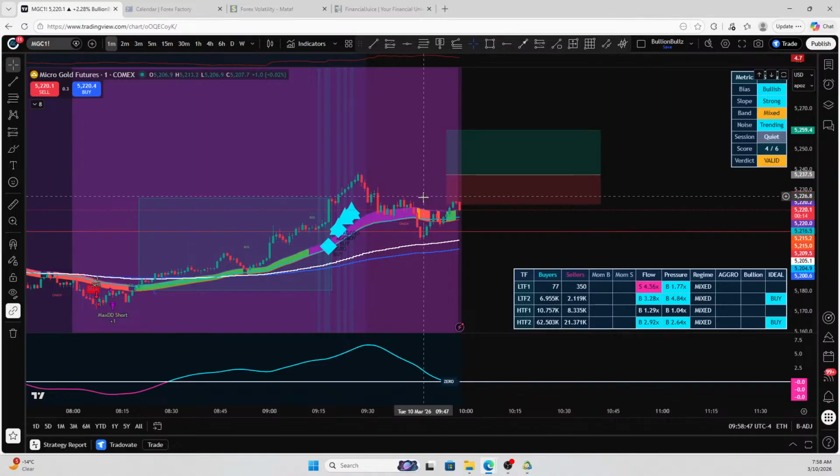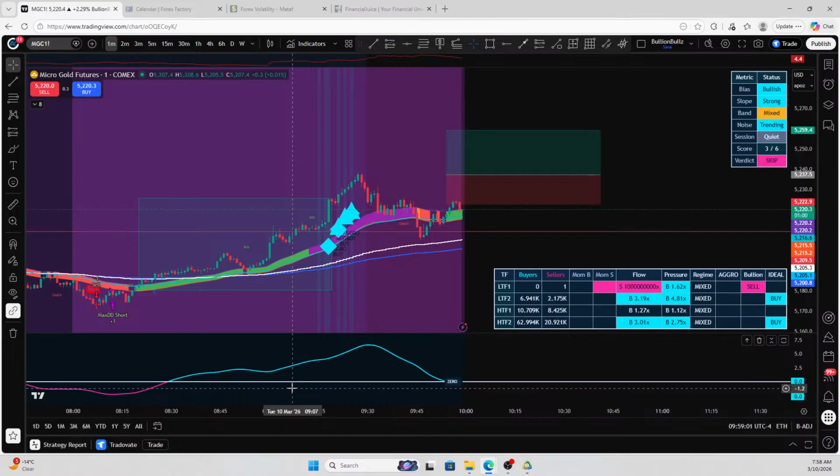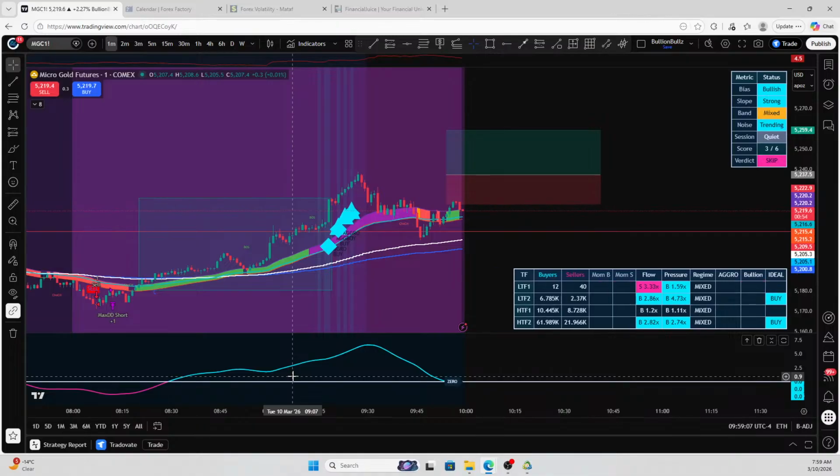Ideally, we want to see change of character, like for example here, we saw change of character, then break of structure, and then the price started pushing up. This is something we want to see here as well. Yeah, we might start seeing price showing a directional move. The 30-minute candle close is going to be happening within 50 seconds.